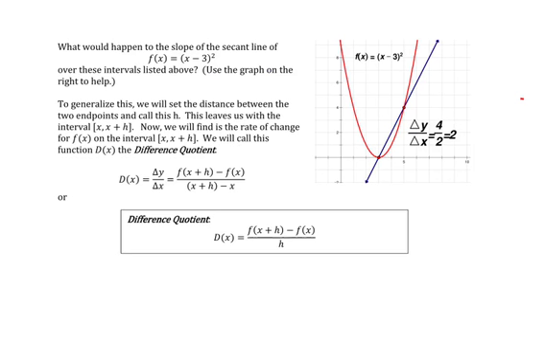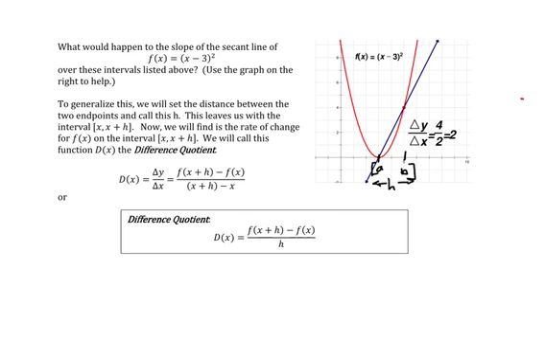So what we want to say here is, if we have some beginning of our interval, call it A, and we have some x value here that's B, and this is our interval, we're going to say the distance between these two boundaries is h.